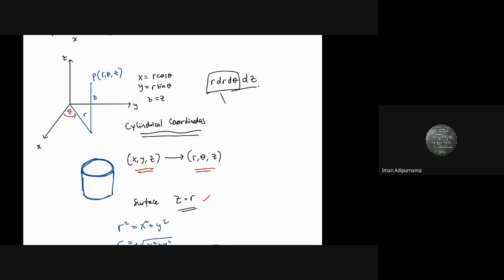So this will be the area, this will be the height, and that will be the volume of the cylinder. I will leave that to next Wednesday.